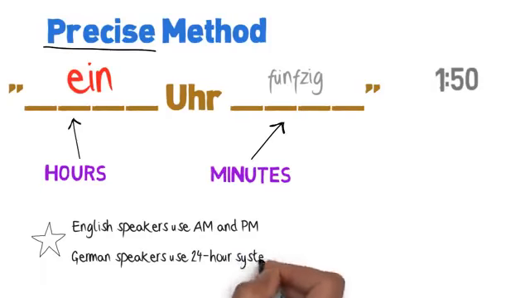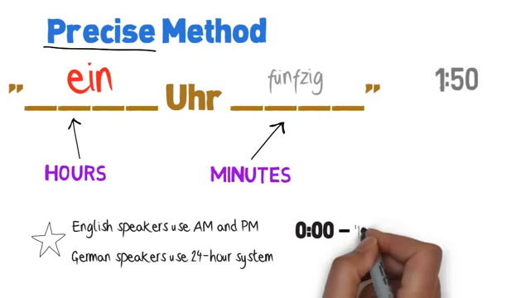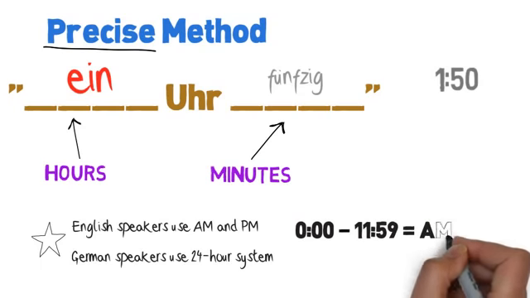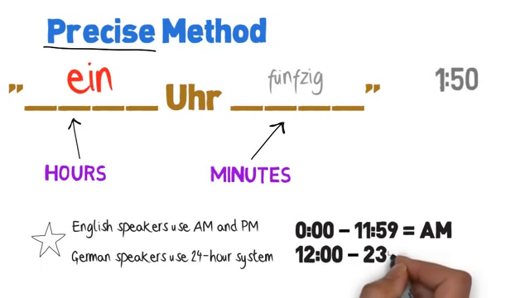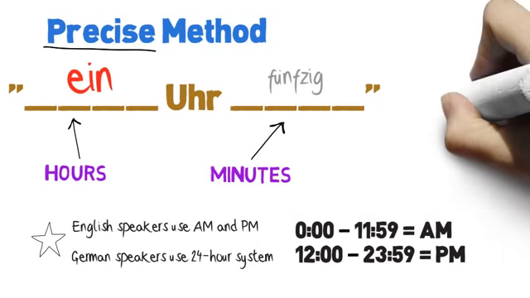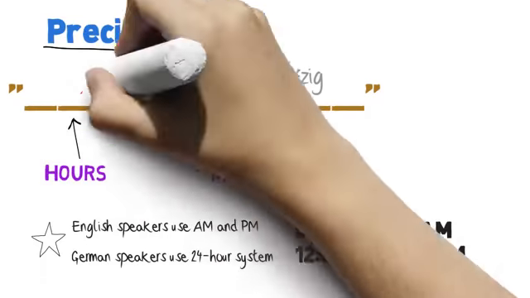So anything between midnight and noon would be the hours 1 to 12, and then you keep going up in the afternoon. 13 Uhr, 1300, is 1 p.m., 14 Uhr, 1400, is 2 p.m., 2300, 23 Uhr, is 11 p.m. In other words, that number plus 12 gives you the 24-hour system time for afternoon.